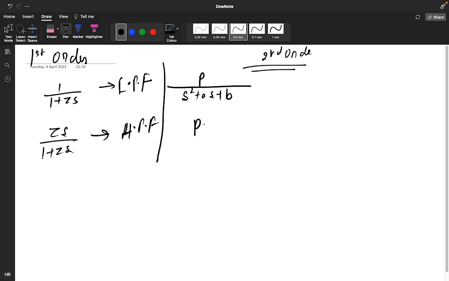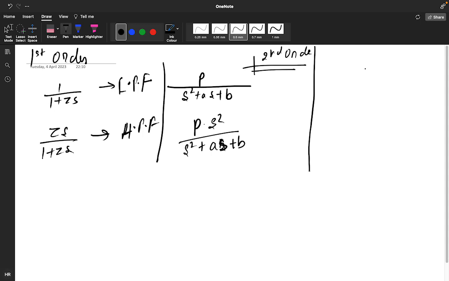I am giving you the transfer function: p s square divided by s square plus as plus b. You can cross verify by putting zero and infinity. So this is the second order high pass filter.